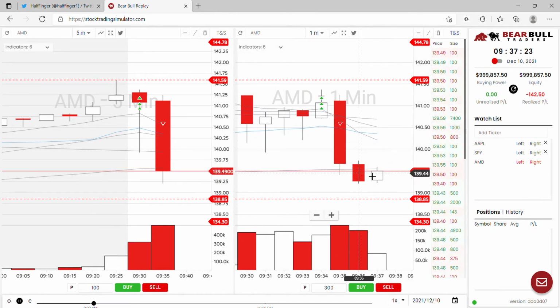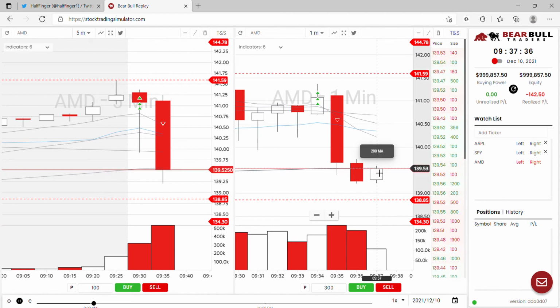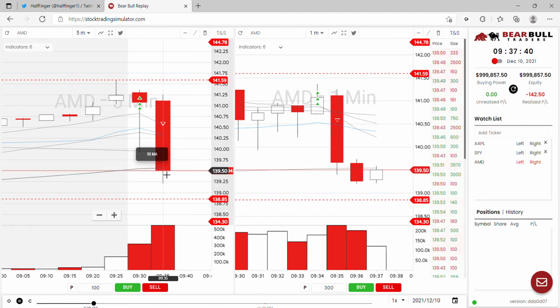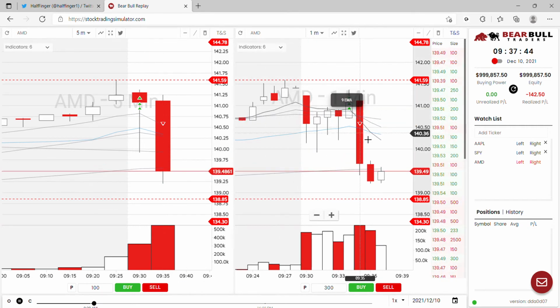As you see now, it broke this 200 moving average. So this now looks like a bit of resistance, and it's below this 50 as well. This was a big drop.